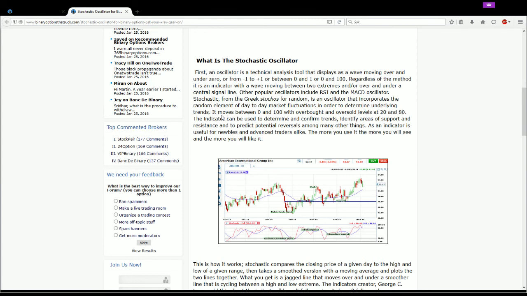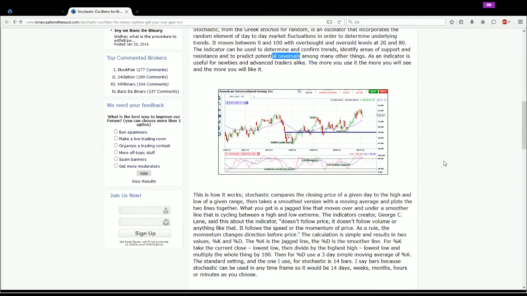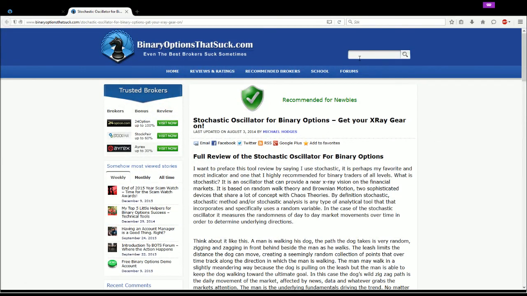Here it tells you that stochastic moves between 0 and 100, with overbought and oversold levels 20 and 80. And this is exactly the same thing that I covered in this video just a few minutes ago. I talked about how you can use it to determine and confirm trends and areas of support and resistance and potential reversals. Yeah, exactly, the highs and lows basically. So if you have questions regarding indicators, search for them. You will most definitely find them here.